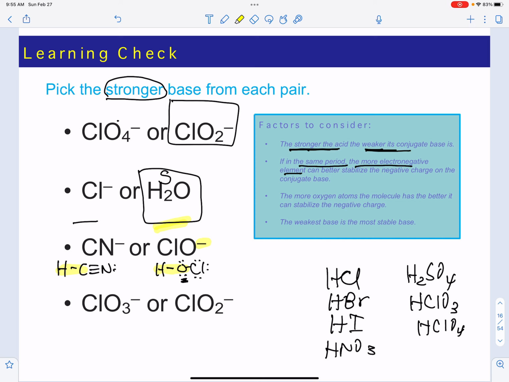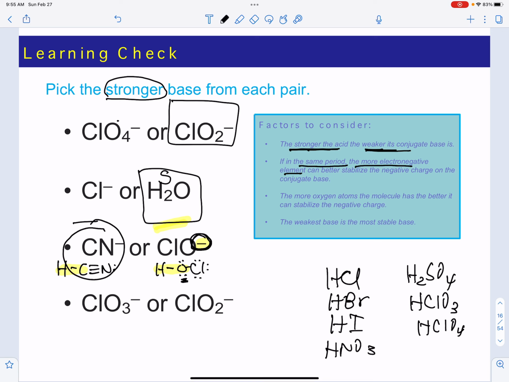Carbon and oxygen, they're both on the same period, and oxygen is the most electronegative one. So this negative charge on the anion can be better stabilized by the most electronegative one, which means it's already stable. There's no need for it to take a hydrogen or a proton to be more stable. So the one that benefits the most from taking the hydrogen is going to be the cyanide.